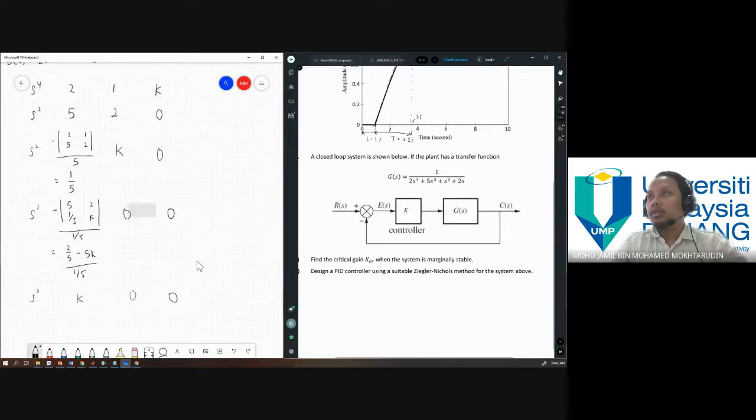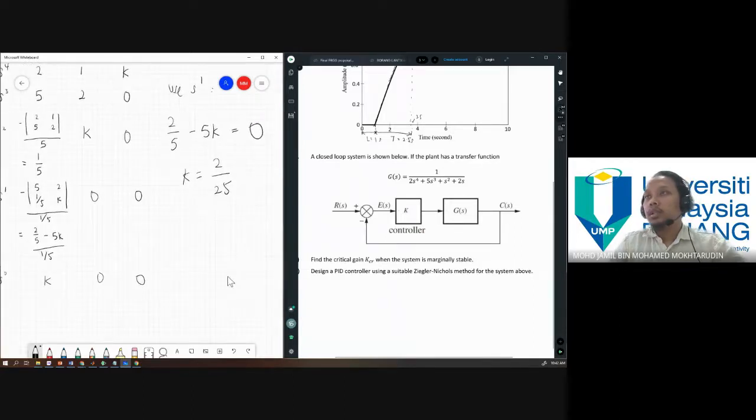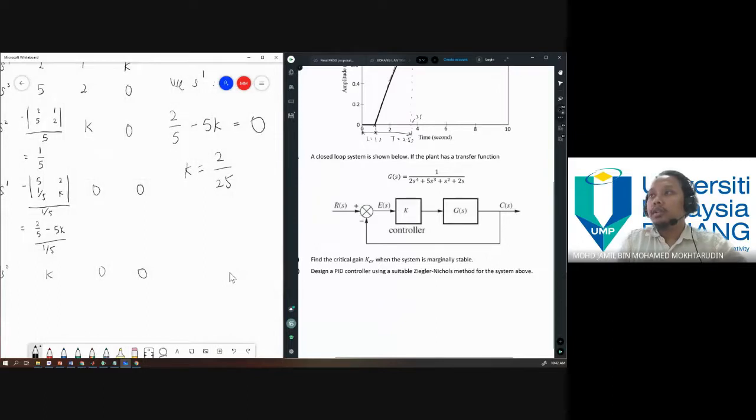Okay, then we can use row number 1. So use row s^1 to find the value of K. So 2 over 5 minus 5K equals 0. So you get K equals 2 over 25. And then you can use row s^2.